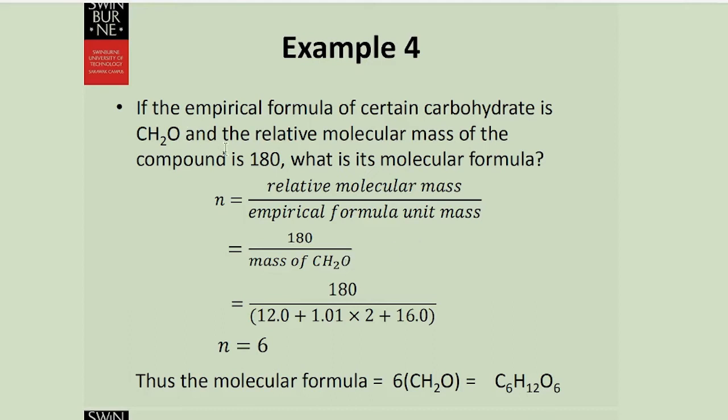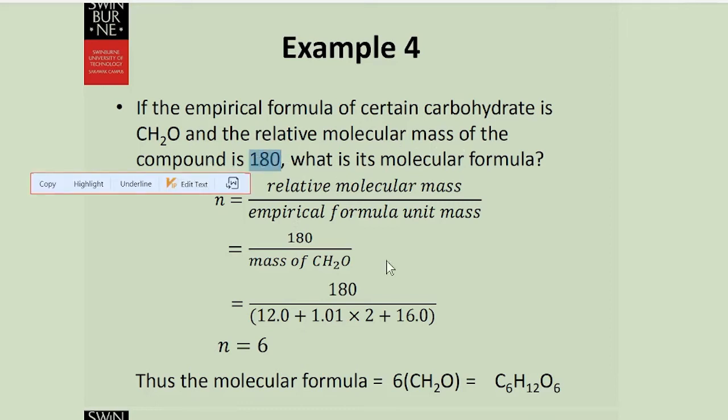For this, if the empirical formula of a certain carbohydrate is CH2O, that we have seen previously, and the relative molecular mass of the compound is 180, what is the molecular formula? So relative molecular mass divided by empirical formula mass, 180 we already have seen from this, right?